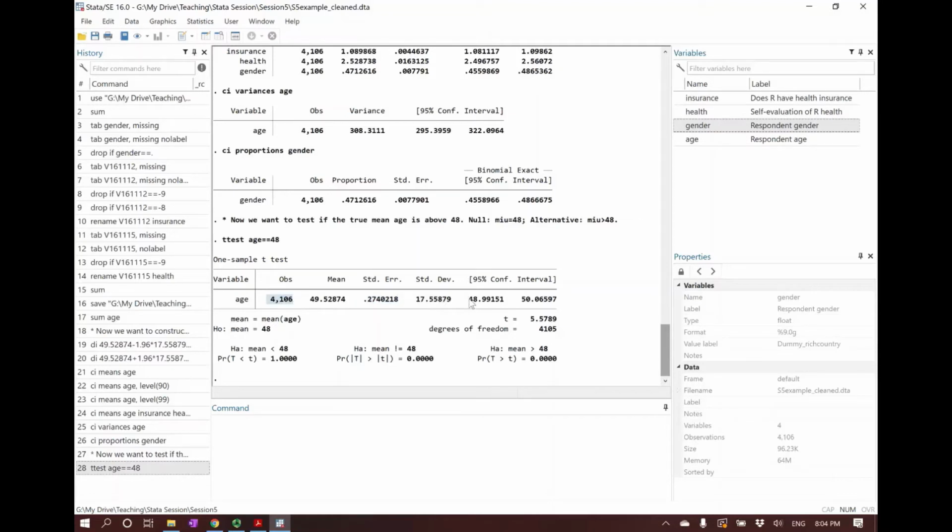And it will give you the 95% confidence interval. At the same time, Stata will show what your null hypothesis is. And no matter what type of test you want, Stata will report all three tests for you. It will always do a two-tailed test listed in the middle. So the alternative hypothesis is that this mean age is not equal to 48, okay?